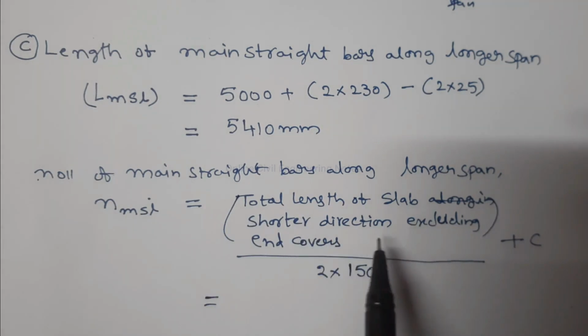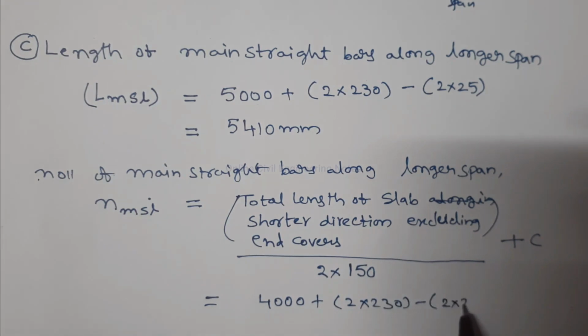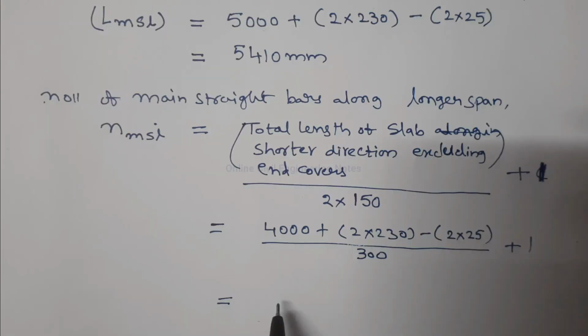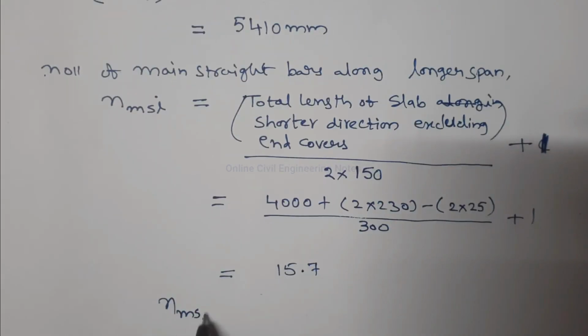Total length of slab along shorter direction excluding covers is already calculated, which is equal to 4410 mm. So it comes from clear span plus 2 into 230 minus 2 into 25, divided by 2 into 150, that is 300, plus 1. So this is 15.7. Total number of main straight bars along long spans are 16.